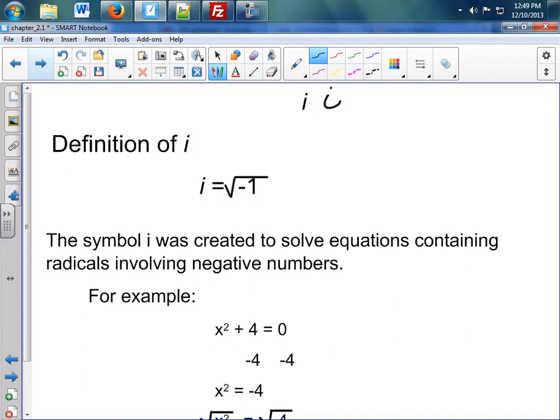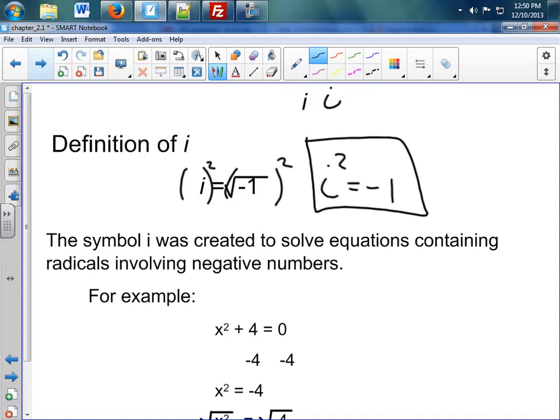Now what I'm going to do is square both sides. So i squared equals -1. That's all you need to know about complex numbers. If you can memorize that, you should be good. i squared equals -1.